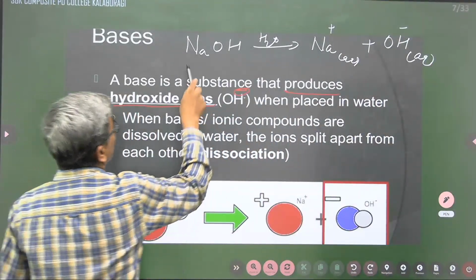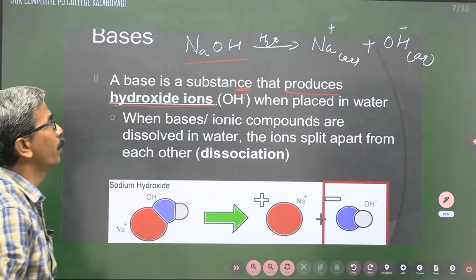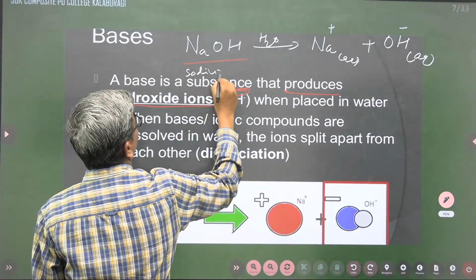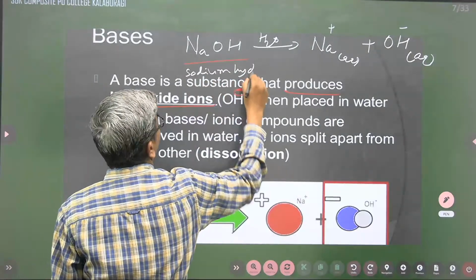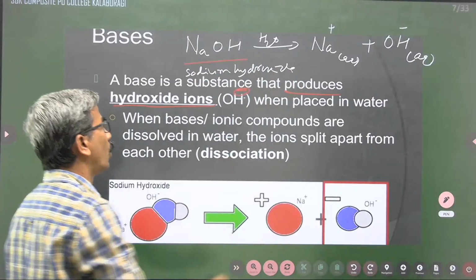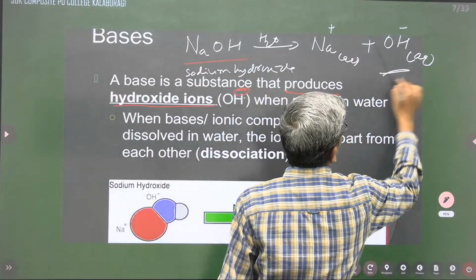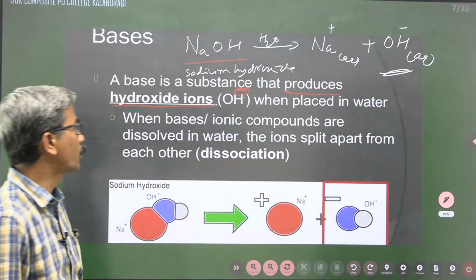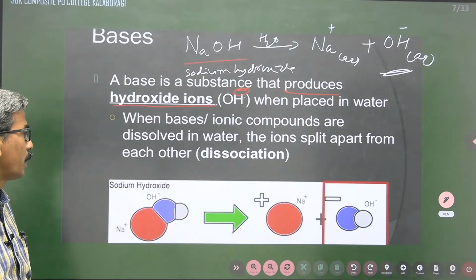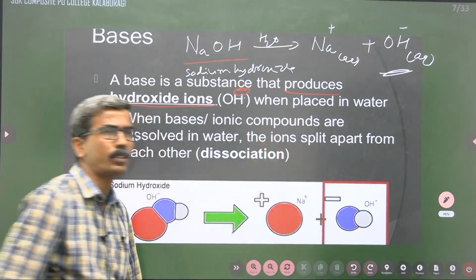That's why this compound, sodium hydroxide, because after adding into water it produces OH minus in aqueous solution, is called a base. The same thing we have written over here.